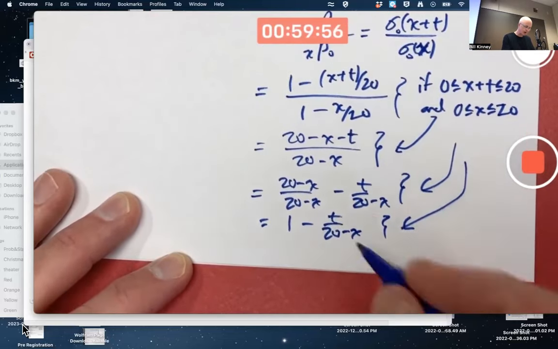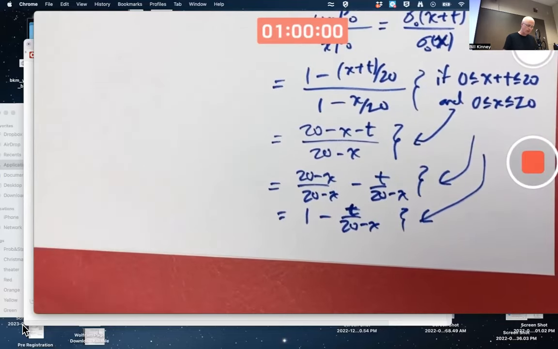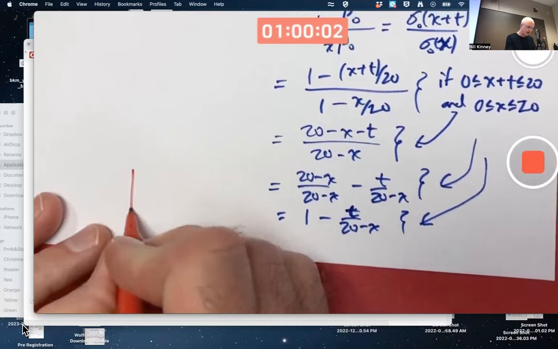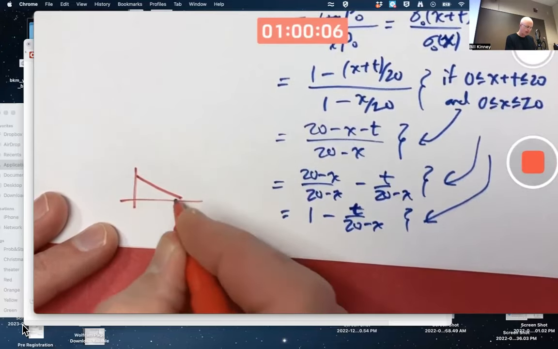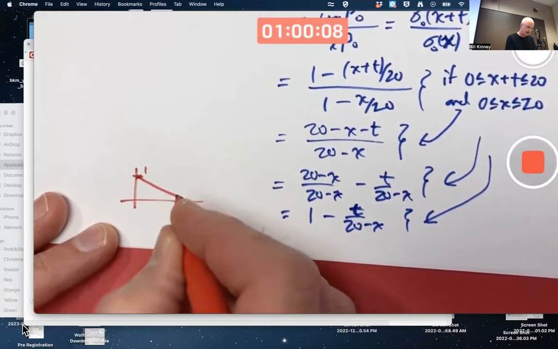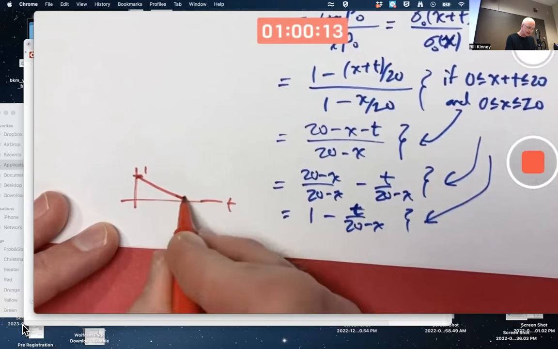That would be the simplest way to write it. And it emphasizes that, over an appropriate domain, it is a function whose graph looks like this. The intercept is at 1. What is the t-intercept here? It would be 20 minus x.